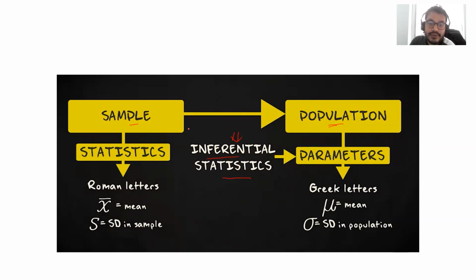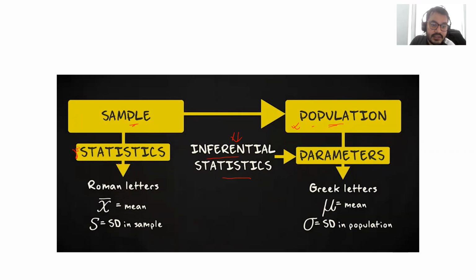Looking at raw data, we figure out a solution and apply it to the whole population. Analysis on sample data is descriptive statistics.